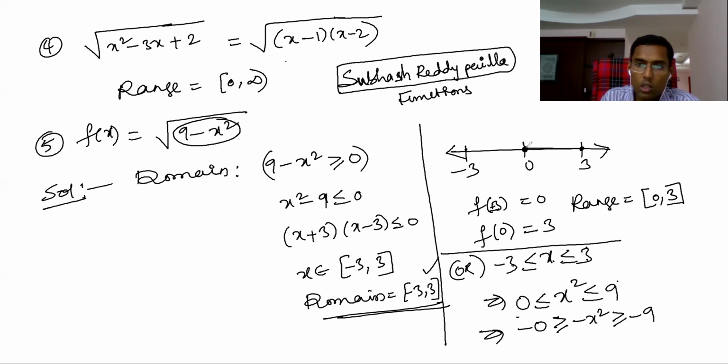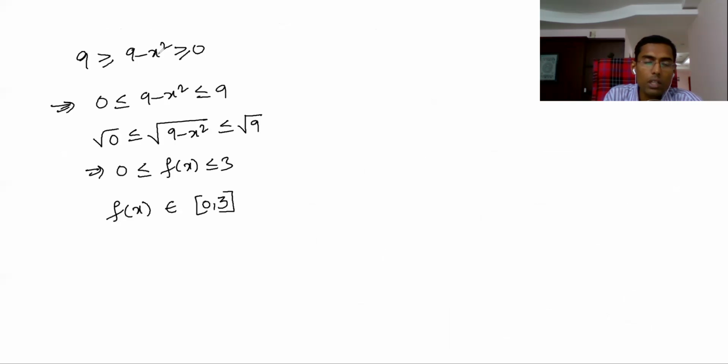The minimum of x square is 0. This is an important step. So 0 to 9. Then what I want is minus x square, so multiply by minus. Then I want 9 minus x square. Then root of 9 minus x square. So to find root of 9 minus x square, I started with x, then x square, then minus x square, then 9 minus x square, then root of 9 minus x square. So then I got 0 to 3.